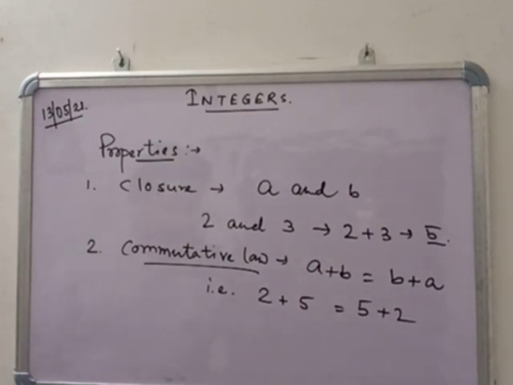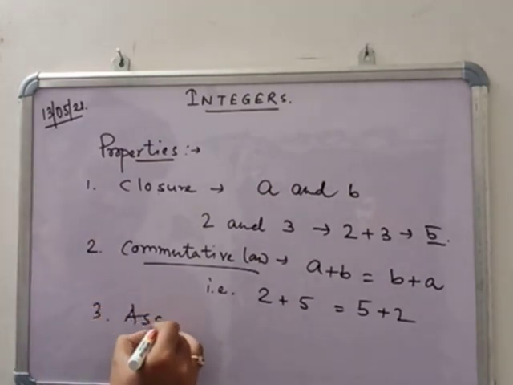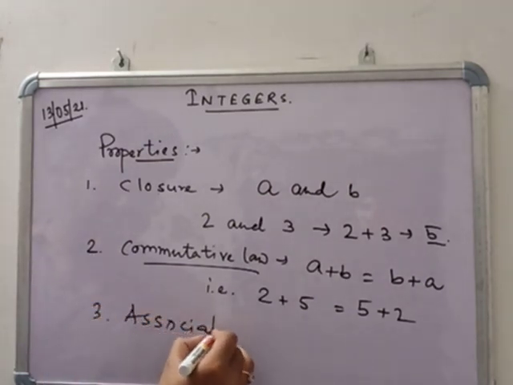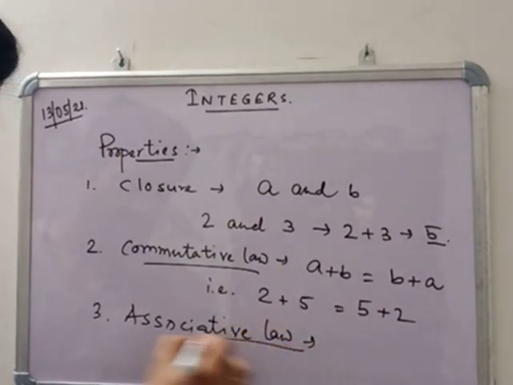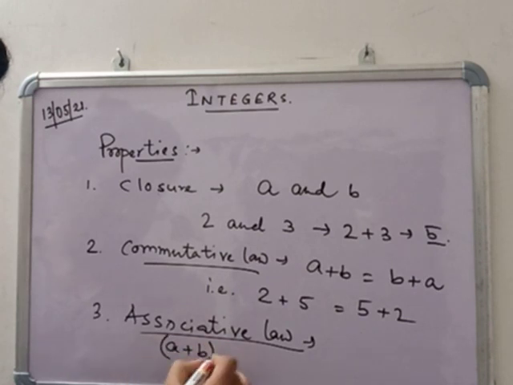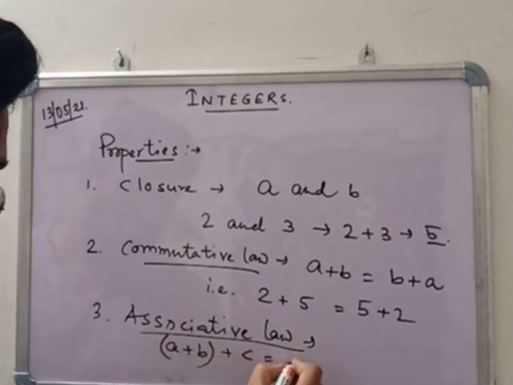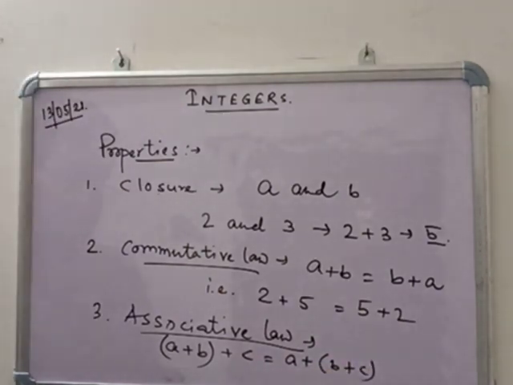Now, next one, associative law. So what is associative law? Associative law means A plus B plus C equals A plus B plus C, with the brackets grouped differently.